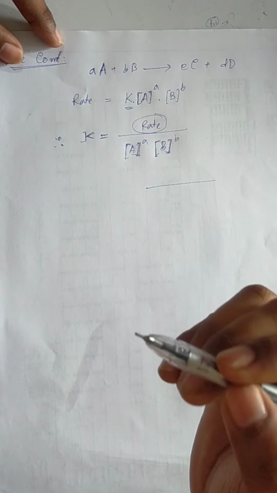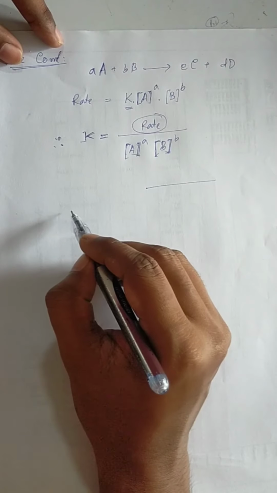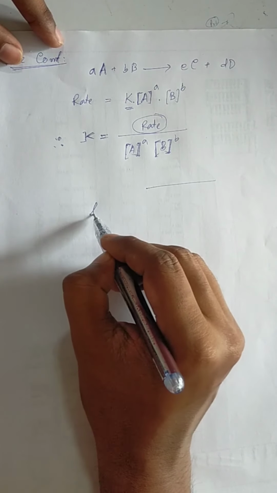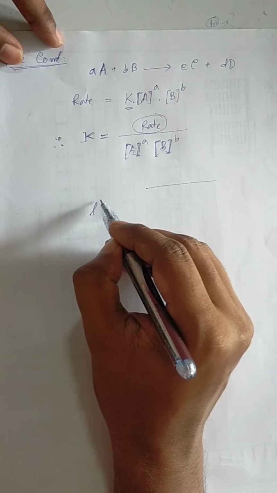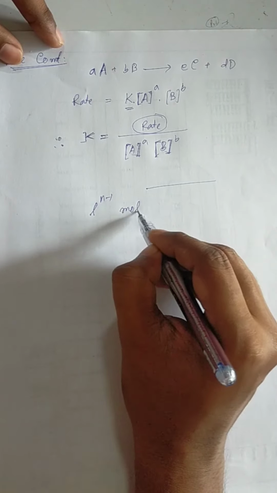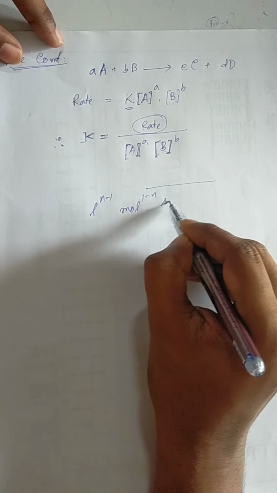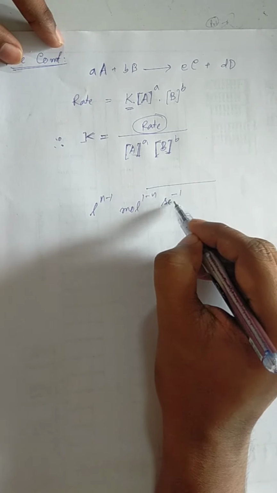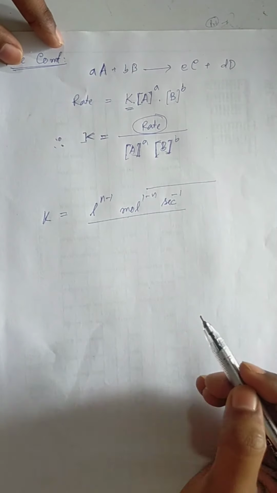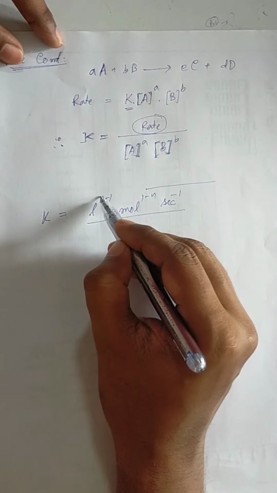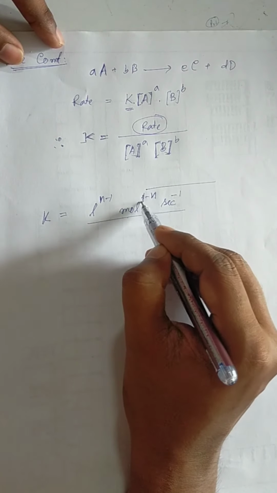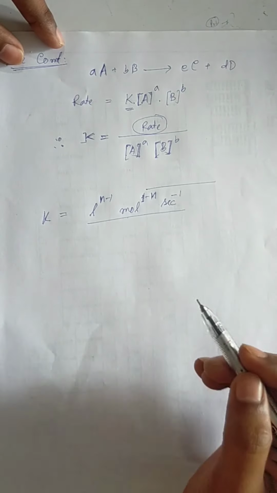We can evaluate that from this general equation: liter^(n-1) mole^(1-n) second inverse. This is the unit of rate constant, and n is the order of the reaction.